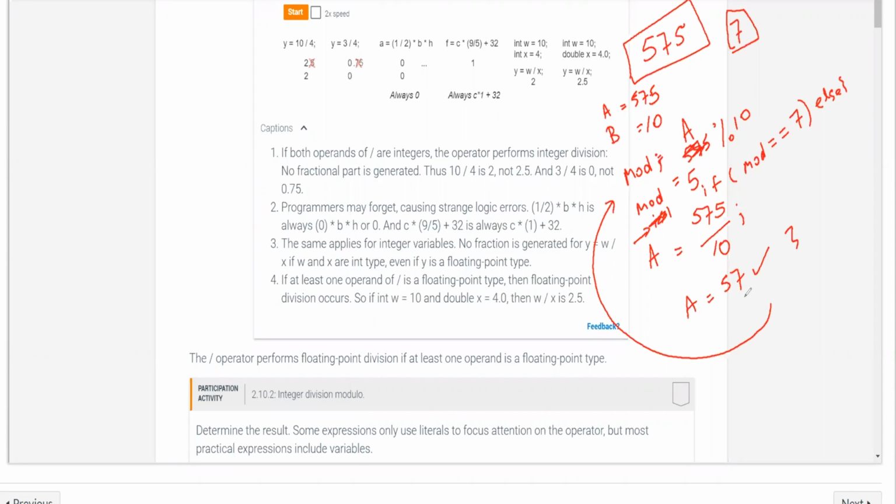Now A is replaced by 57, and 57 modulus 10 is what? 7. Right? So now this one is replaced by 7. And is 7 equal to 7? Yes. In that case, it won't go to the else part and quits here with a return true.